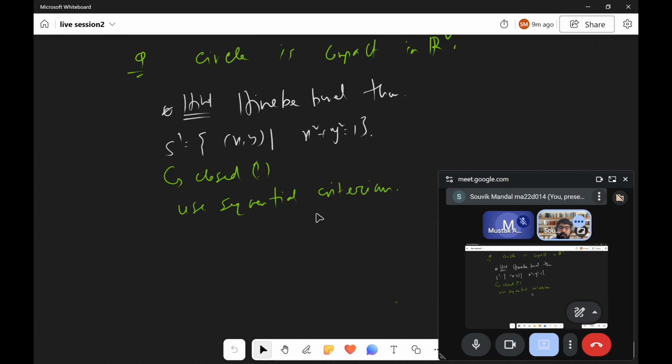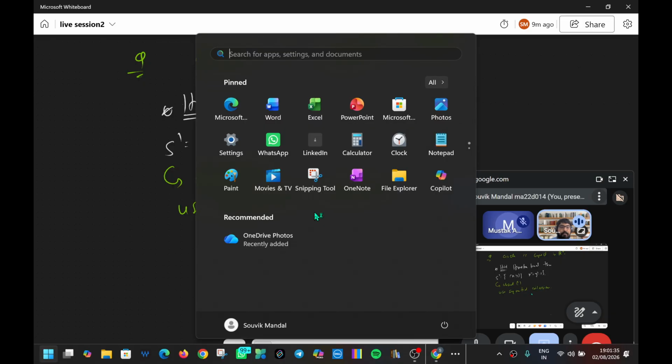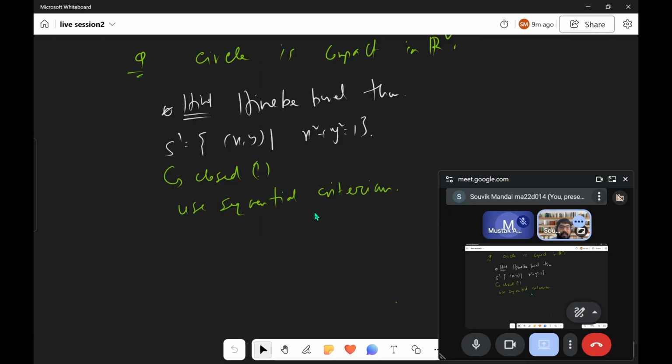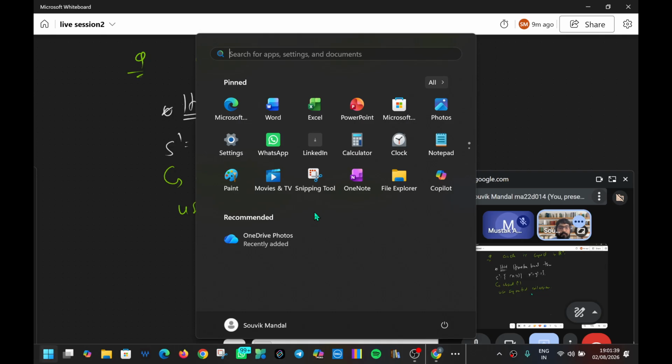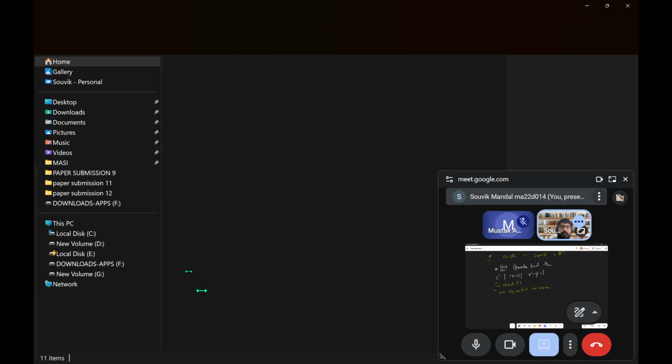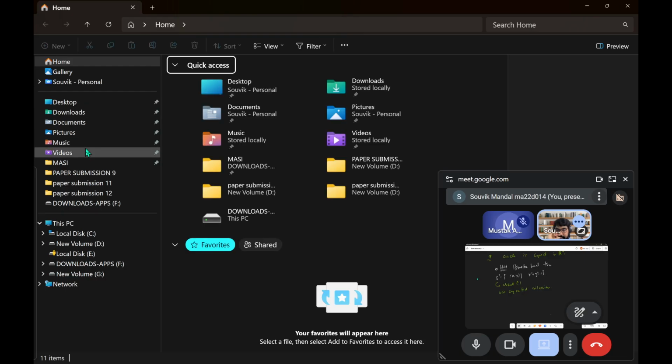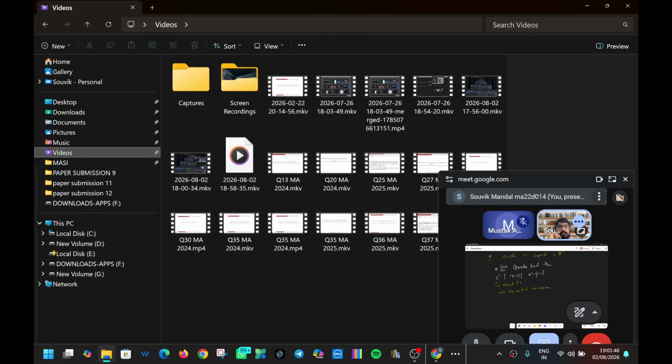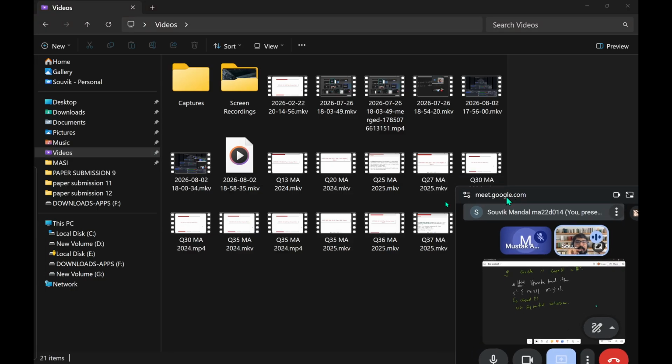That means you need to choose a sequence x_n, y_n, and assume that this sequence belongs to the circle. You have to show that the point of convergence also belongs to the circle. Okay, so please do think and take your time. Let me know.